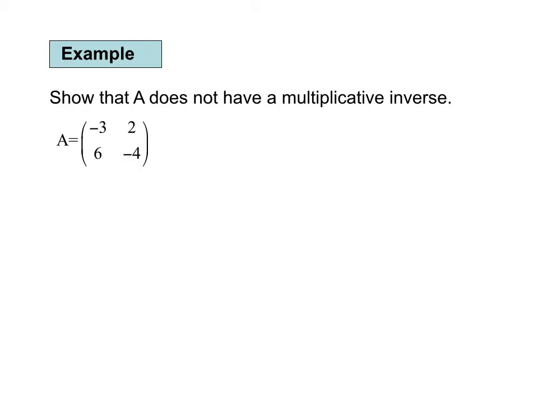This matrix that we're given does not have a multiplicative inverse. So remember, the only way that can happen is if that scalar has something wrong with it. The only thing that can happen is if the denominator of AD minus BC equals 0.